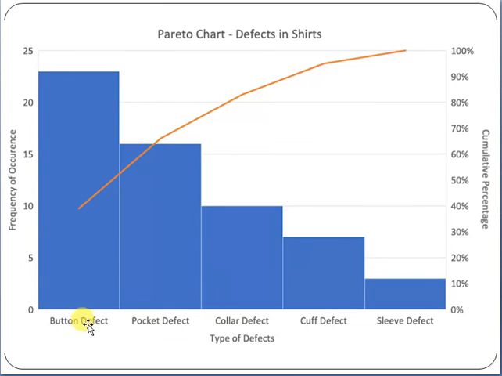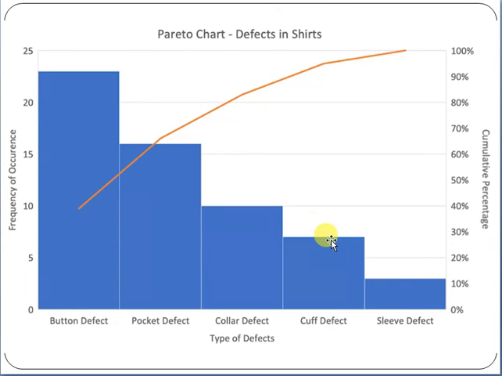Button defects are more than 20. Pocket defects are around 15. Collar defects are around 10. Cuff defects are more than 5, and sleeve defects are less than 5.